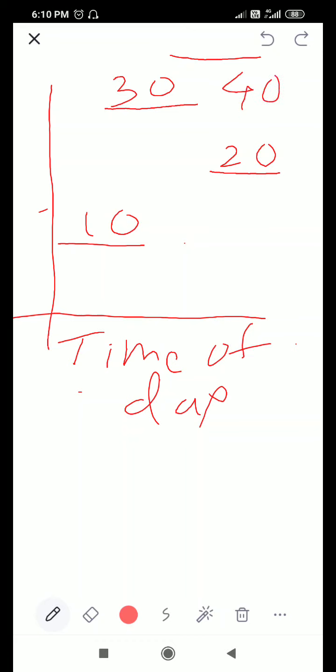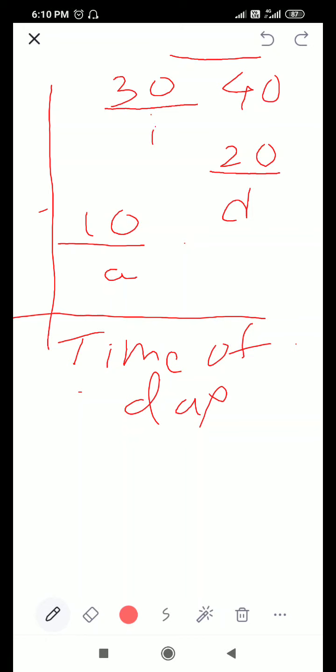Okay. So now look at this. The agricultural consumer, let us say I'll denote it by A. The domestic consumer, let me denote it by D, and the industrial consumer, let me denote it by I.